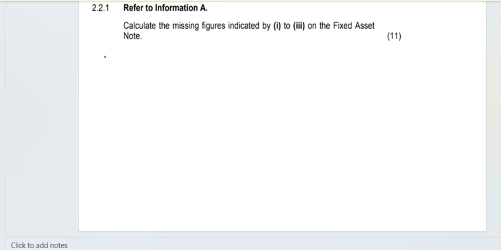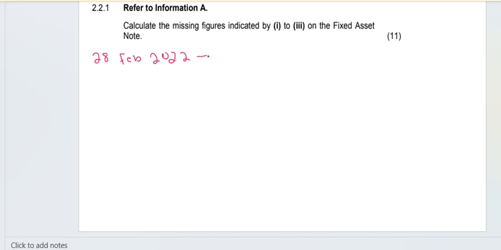So the accounting period ends on the 28th, 28 February 2022. If you have the accounting period ending, you also need the accounting period in the beginning.